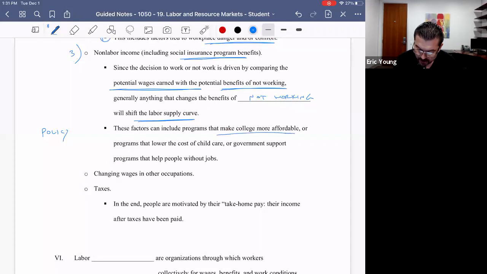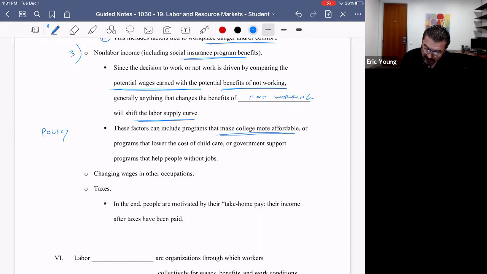When I talk about these non-labor factors, we're talking about lots of different programs. Programs that make college more affordable, for instance. Imagine a program that basically gave you a lot more financial aid or cheaper loans with lower interest rates to go to school, okay? If you can generate more income this way, it's going to make college look more attractive, which will make working at the moment look less attractive.